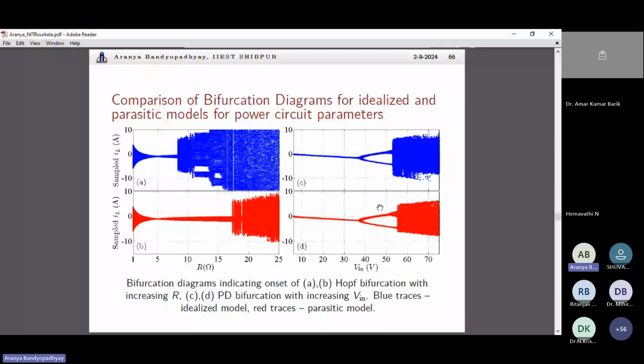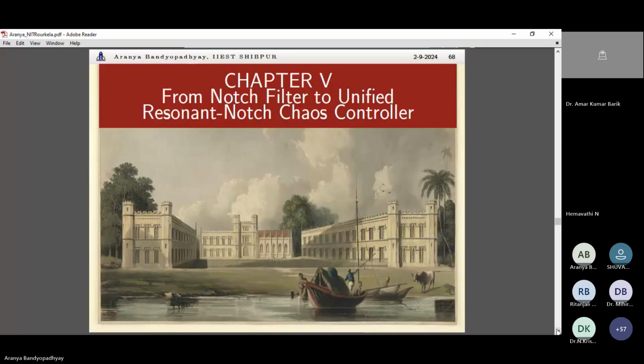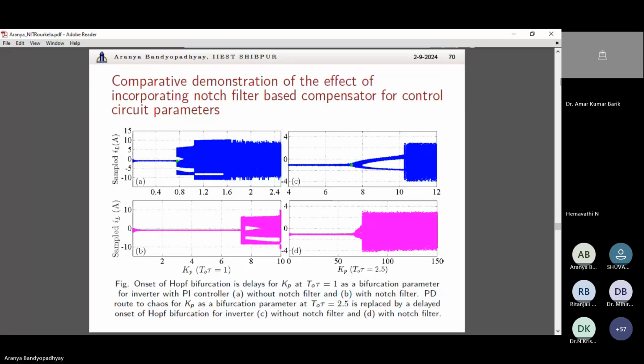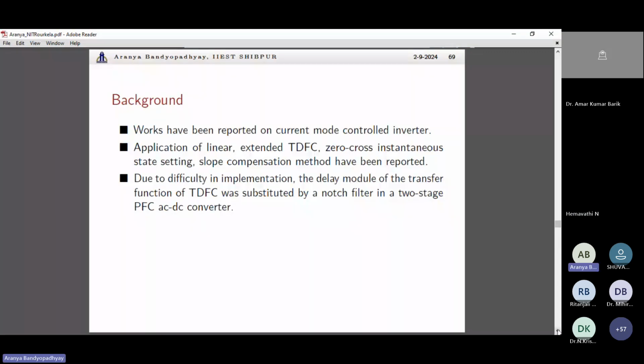How can we eliminate that 10 kilohertz frequency component? By incorporating an infinite attenuation at that frequency component. How can we incorporate that infinite attenuation at a particular frequency component? Through a notch filter, right? That's what they had actually done.